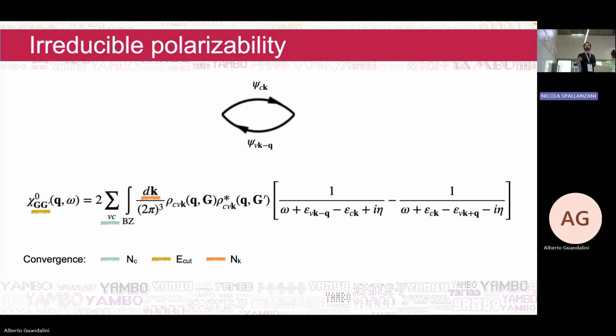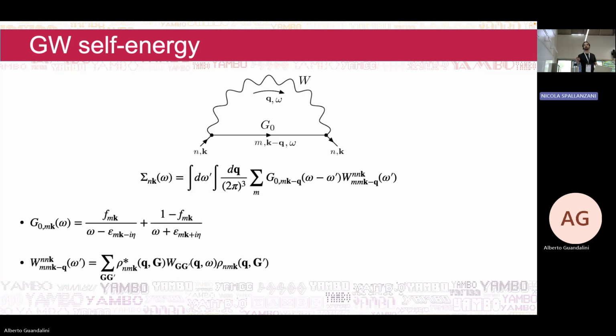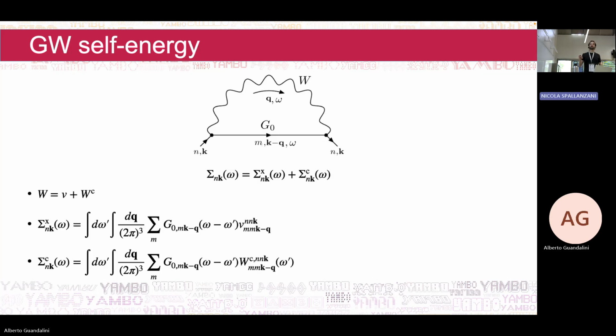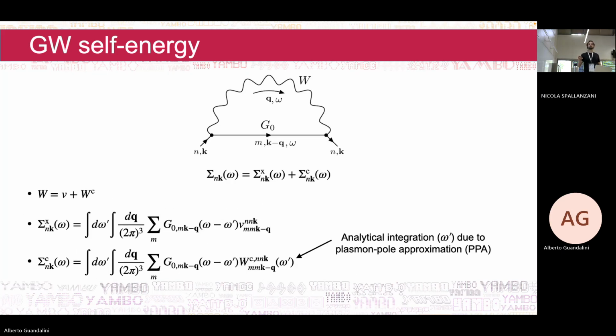So, okay, maybe let me think about it. The point is that in the terminator, in general, you use only a finite number of conduction bands. And then you are missing something, that is, the bands that are not included.